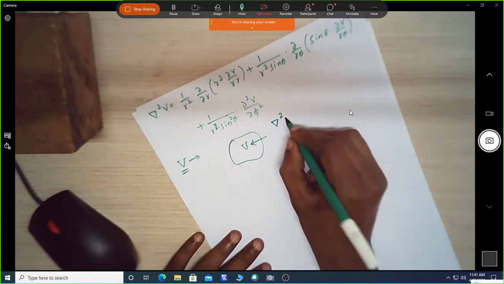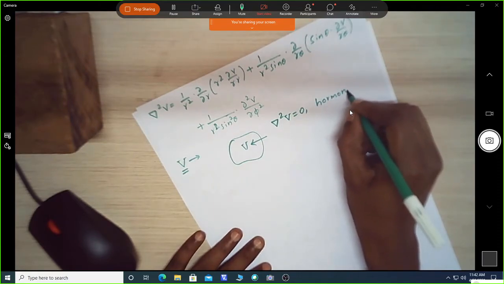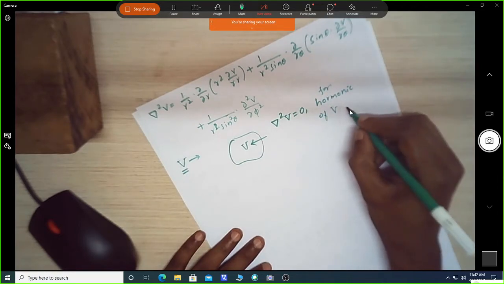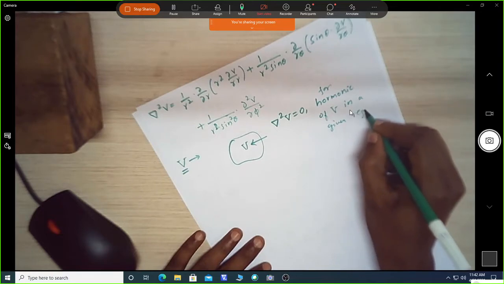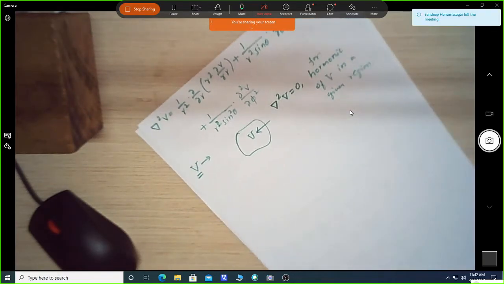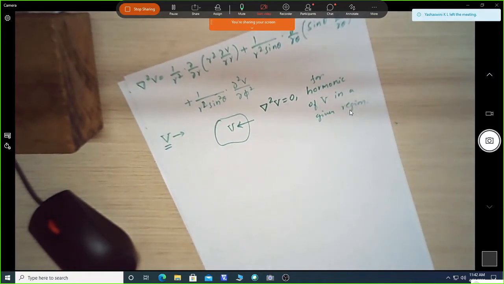That is, del square of V equal to 0 for harmonic V in a given region. So this is the Laplacian operator for the scalar field V for its harmonic component, and it is called Laplace's equation.